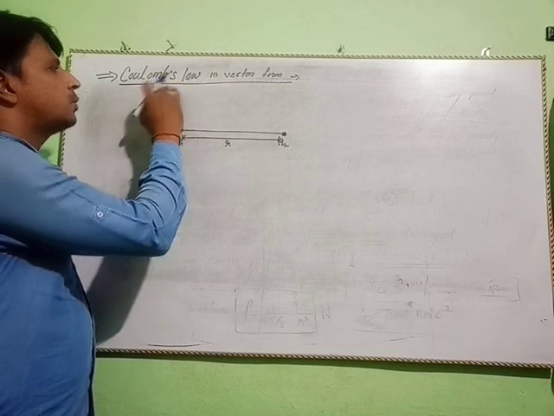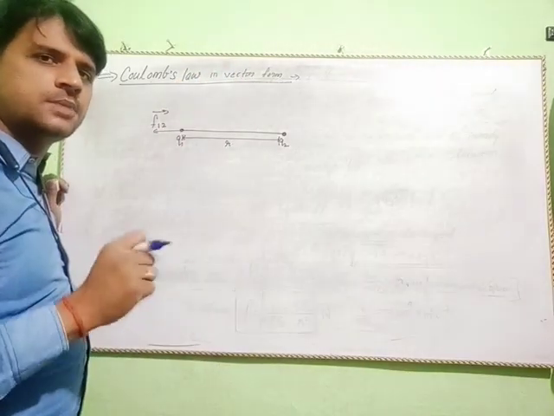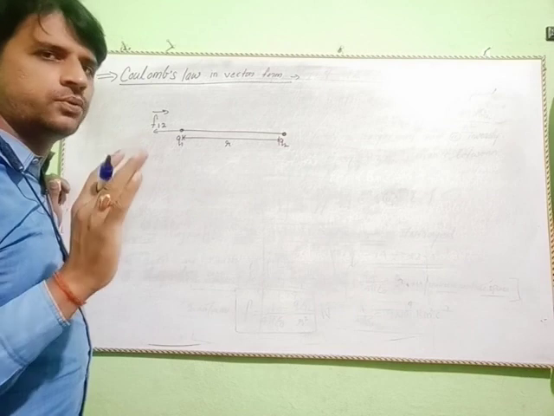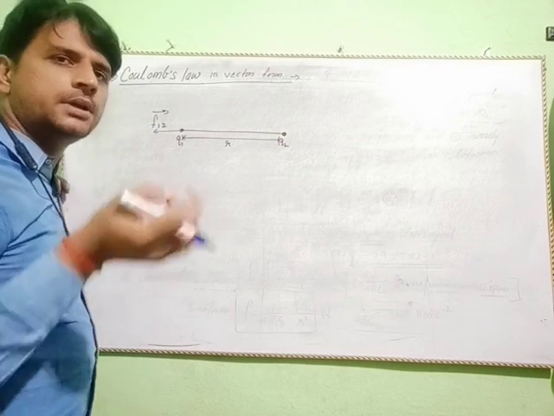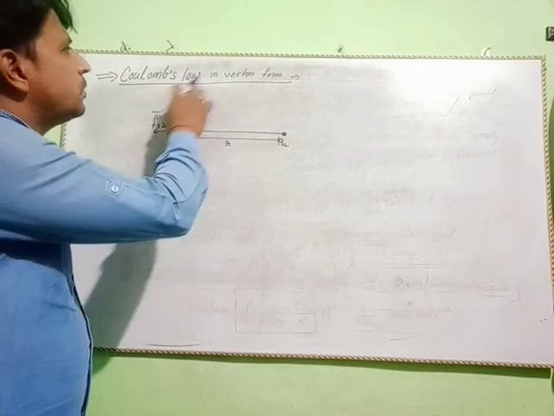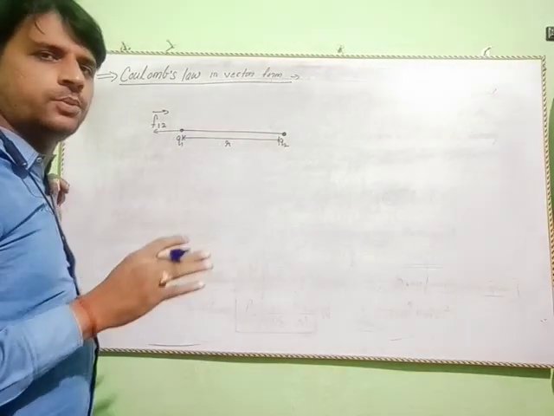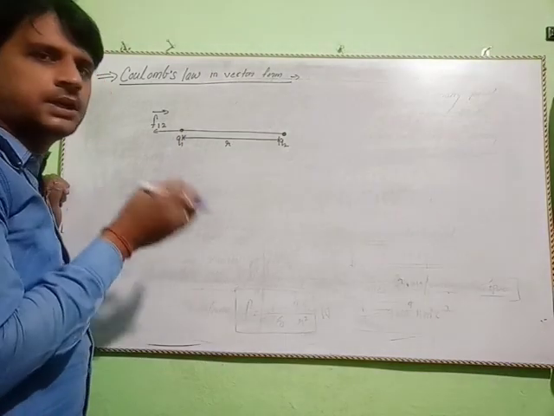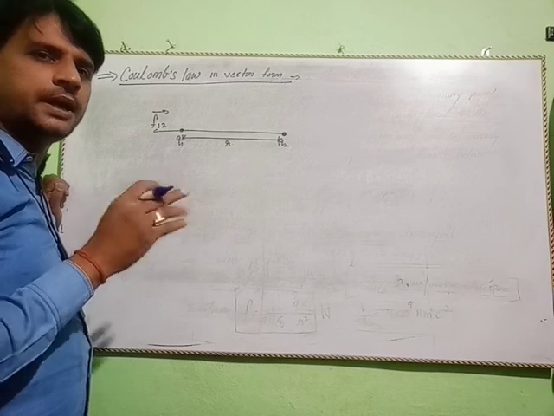Coulomb's law in vector form. Actually in Coulomb's law we had calculated the magnitude of force, but we had not calculated the direction of force. Therefore vector form of Coulomb's law is very important. We have to analyze Coulomb's law in vector form also, means we have to find out the direction also.